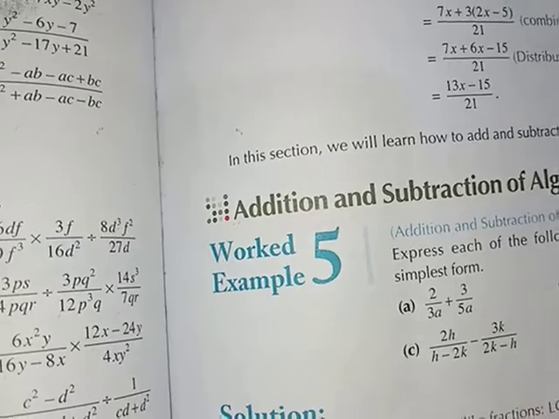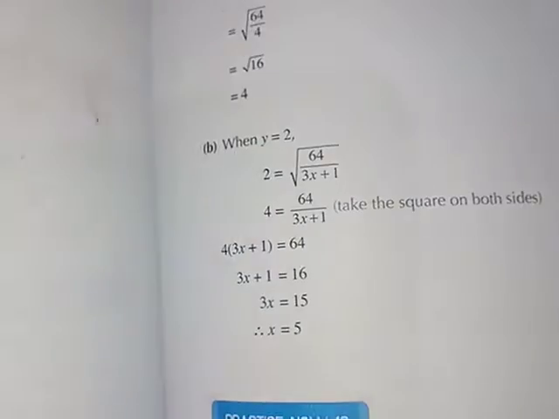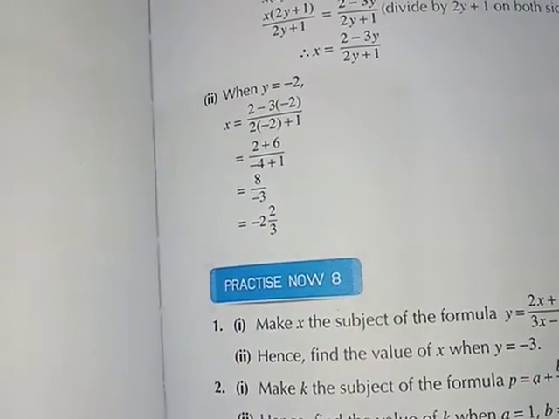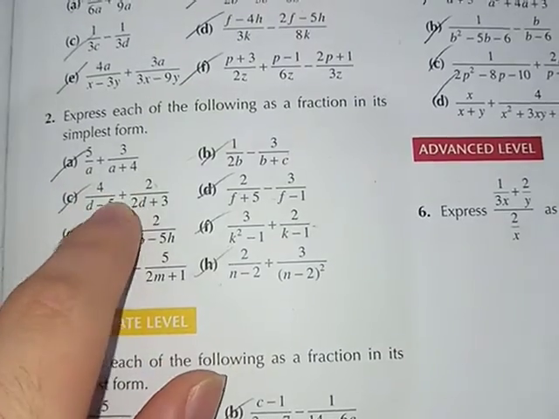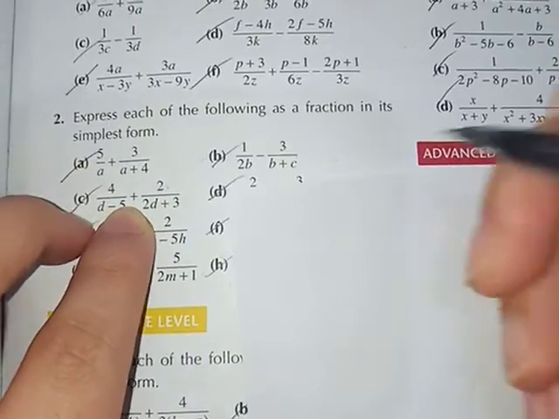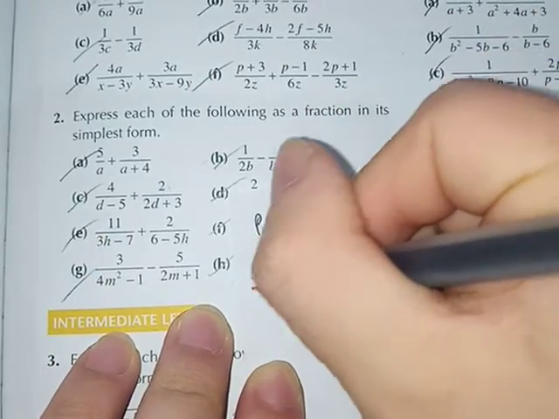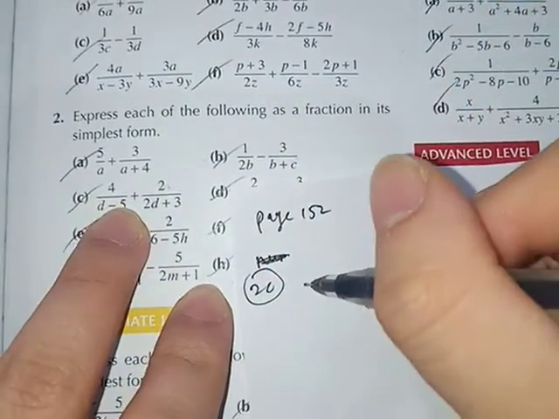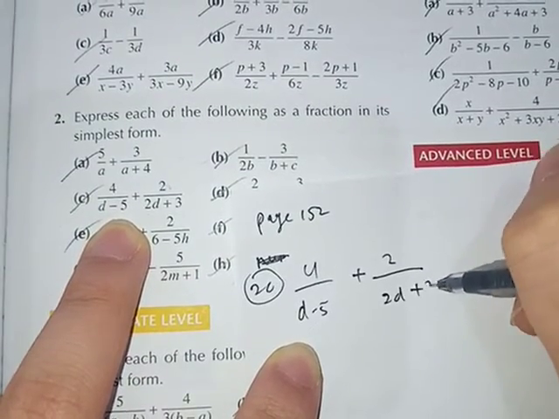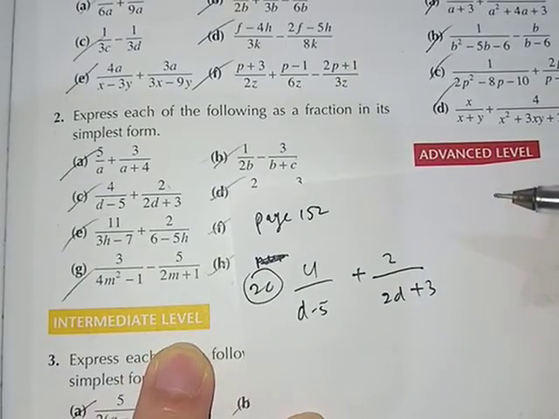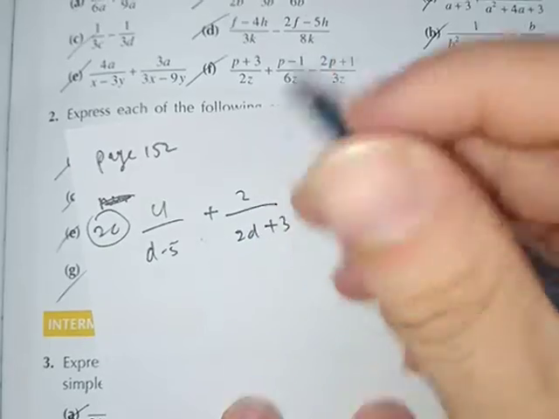Next we have page 152, number 2C. 2C, this one. 2C, yeah. 4 over d minus 5 plus 2 over 2d plus 3. Addition of fractions.